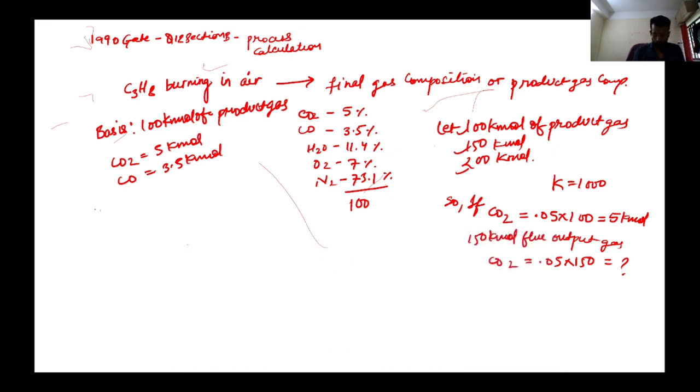So very first we write the formula. Percentage excess air is equal to air totally fed minus theoretically required air, upon theoretically required air.